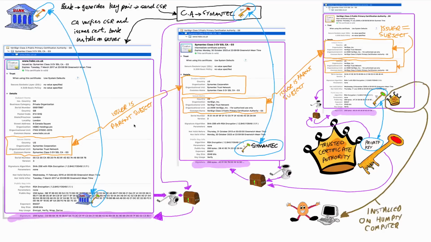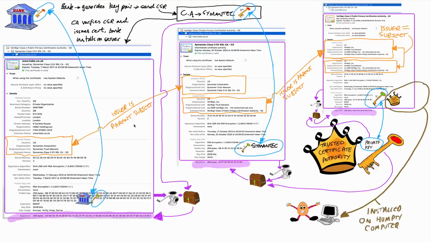So what happens then is the guys at Symantec, or whoever that certificate authority might be, start validating and doing some checking to make sure that HSBC, the people who have just sent them the request, really are who they say they are.